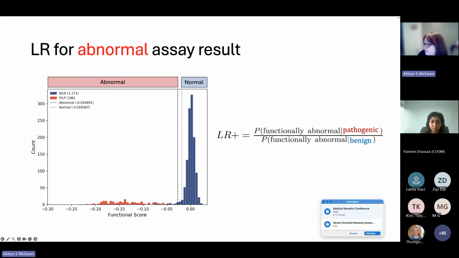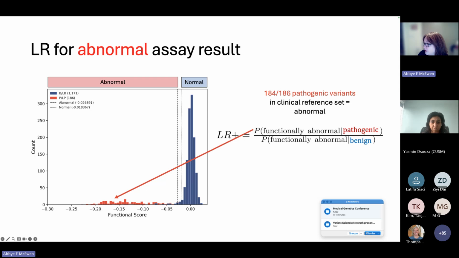Let's do abnormal first. Before we even do that, if you were going to eyeball this, this looks pretty good. I would guesstimate that you would get strong just by the amount of overlap. You can see over here in abnormal land, there are very few benign variants. In fact, 184 of the 186 pathogenic variants do score as abnormal.